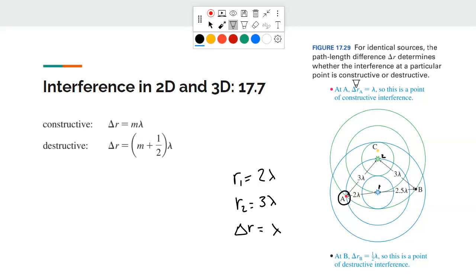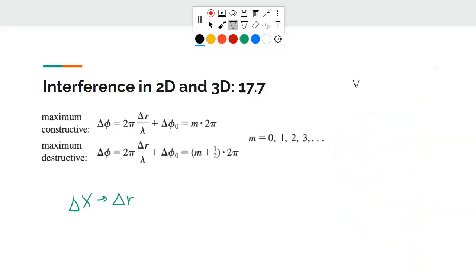Okay, so we can see that this condition, if we don't have any initial phase difference, then in order for us to have constructive interference, for example, 2 pi delta R over lambda has to equal m times 2 pi. So you can see we can cancel the 2 pi's, and we can say that for constructive interference, delta R has to be some integer times lambda.